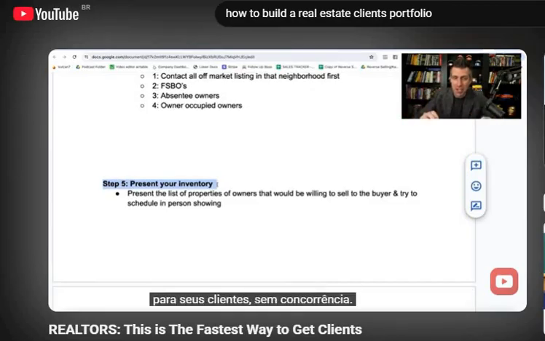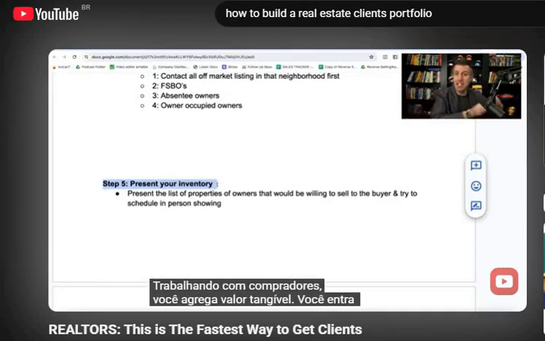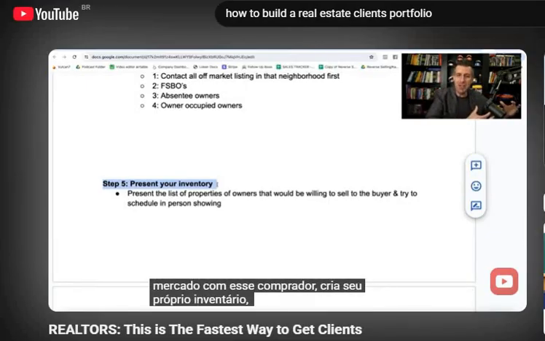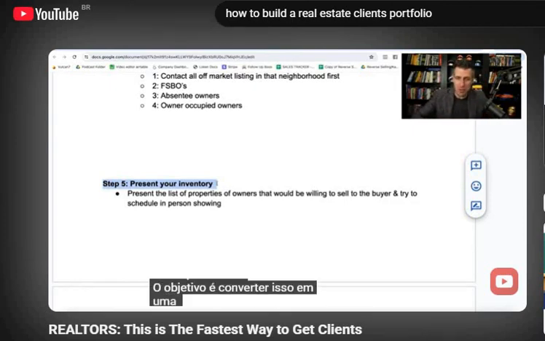So working with buyers, there's tangible value there. You've now gone into the marketplace with that buyer, created your own inventory, your own marketplace, and we've produced maybe a potential match. And so hopefully, the goal is to convert that into an actual showing.